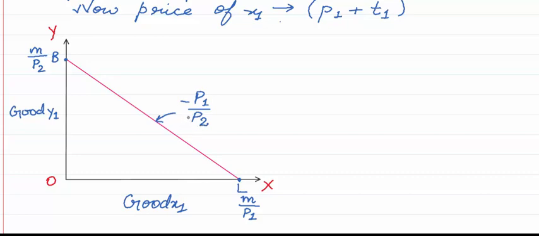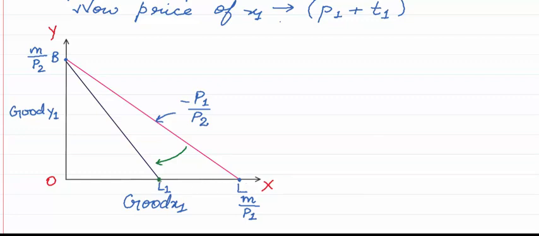Now let's see how the budget line is going to change. Now the new budget line of the consumer is BL1. The new budget line of consumer has shifted leftward on the x-axis from point L to L1.